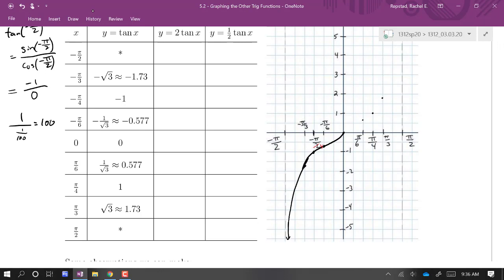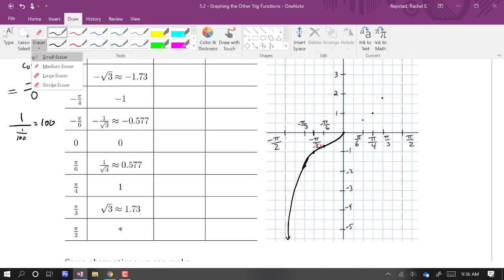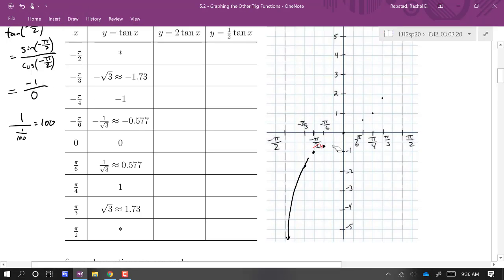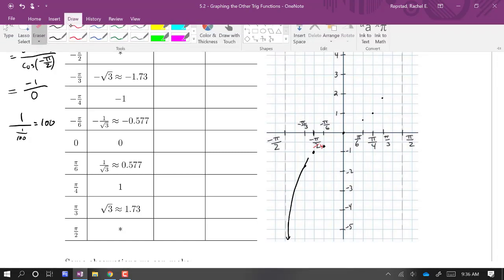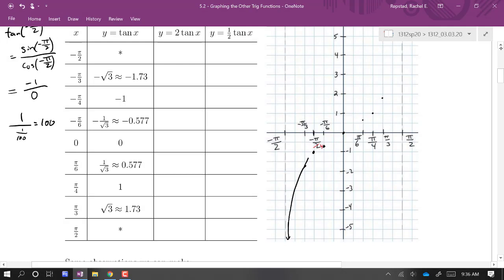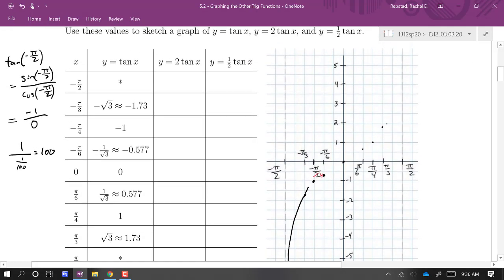Hold on a second. I have to adjust the behavior a little bit. So again, at positive pi over 2, that's the top of the circle. Cosine is still 0, so that function's going to blow up, but of course sine is approaching +1, so it blows up in the positive direction.